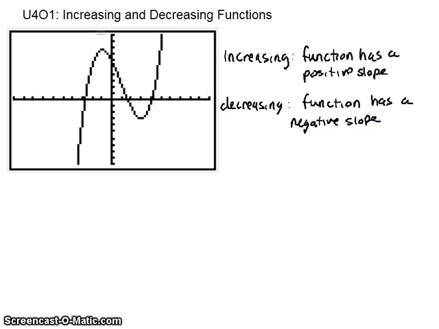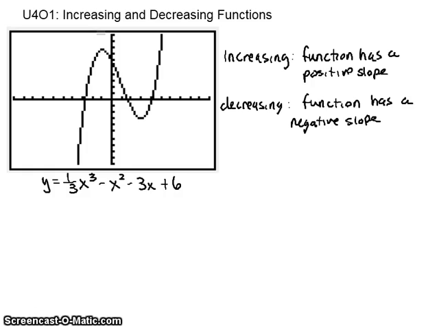So if we look at the graph that we have up here, this function is y equals 1/3 x cubed minus x squared minus 3x plus 6. If we look at this function, we can see there are two intervals where our graph is increasing.